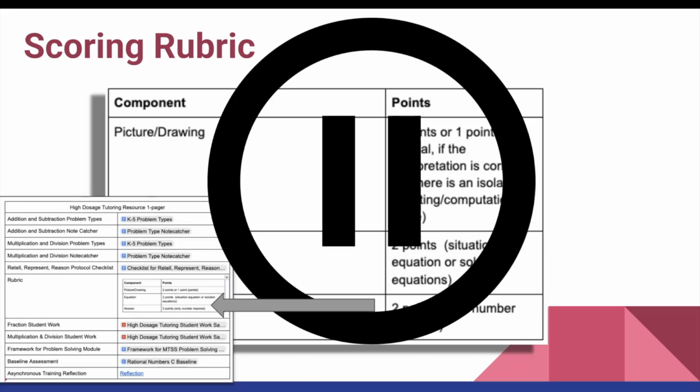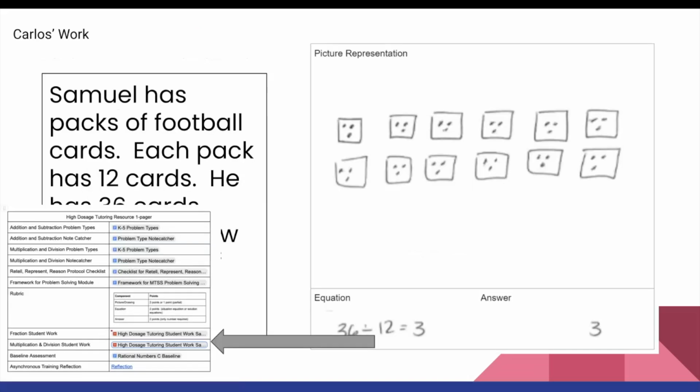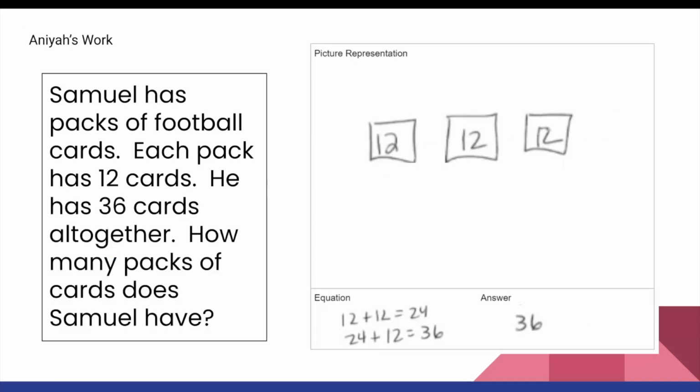Take a look at the multiplication and division student work samples. Using the scoring rubric, decide how many points you would award each student's work for their picture, equation, and answer. Pause the video to score the student work samples and return to the video after you have completed.